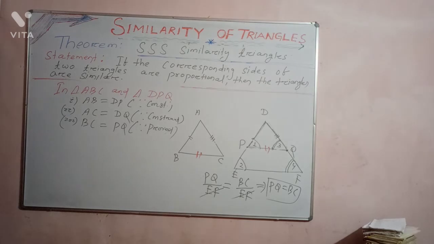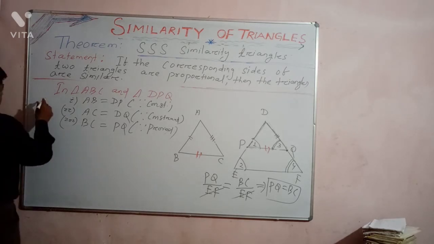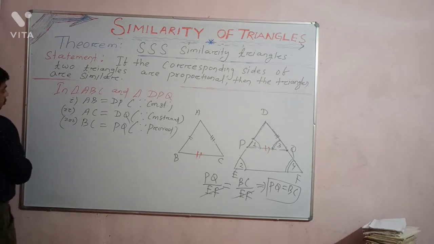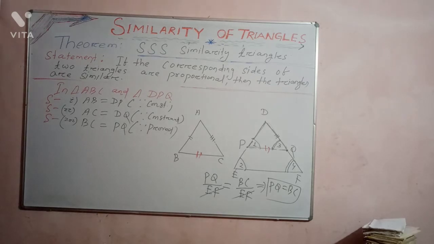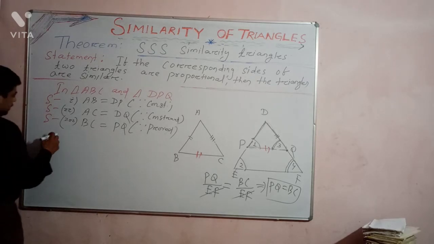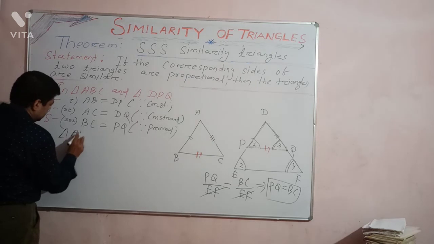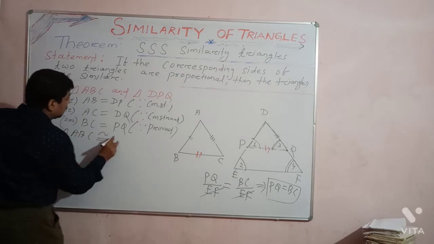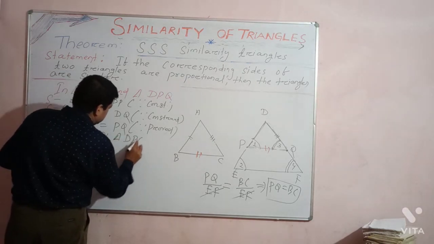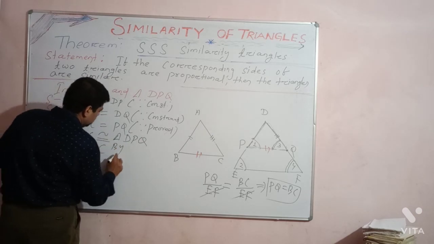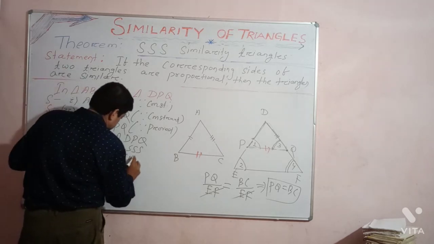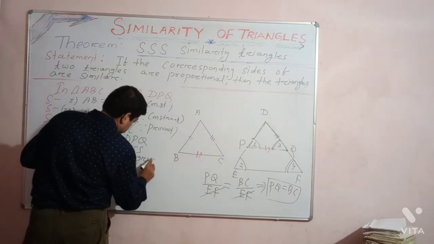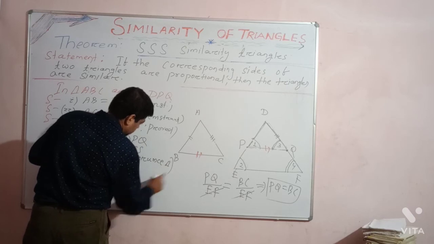So, if the two triangles' corresponding sides are equal, according to which concept? Side, side, side. So, according to the side-side-side criterion of congruence of triangles, triangle ABC is congruent to triangle DPQ by SSS congruency.